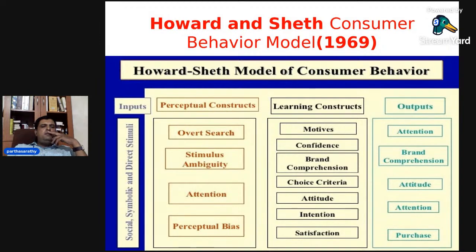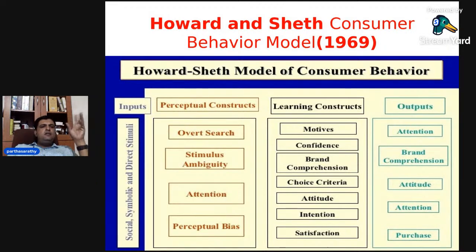Next, we have perceptual construct. Perceptual construct is nothing but how he sees those products through his five senses, and how he gives meaning to them in a very psychological aspect in his own unique way. That is why we say perception varies from one individual to another.